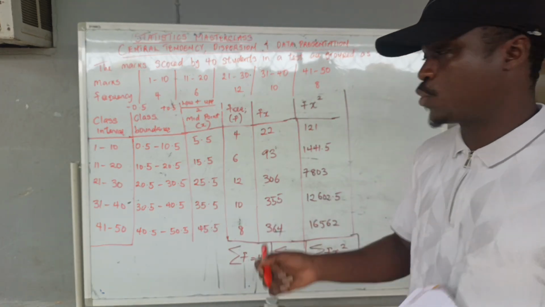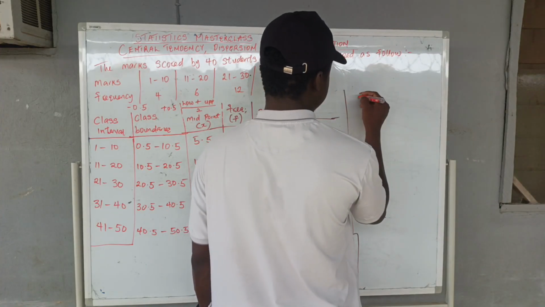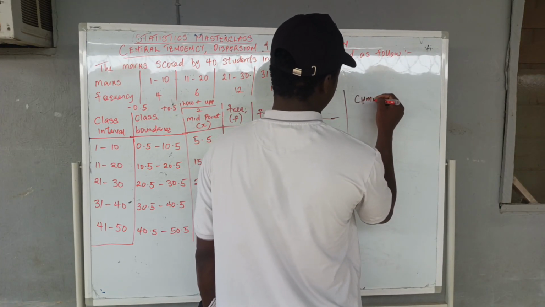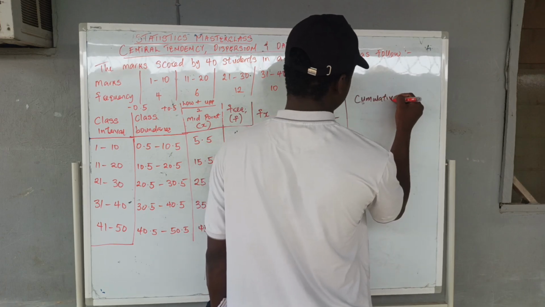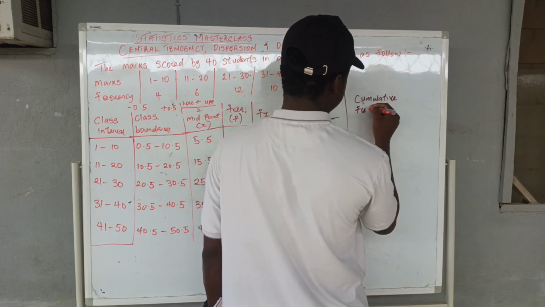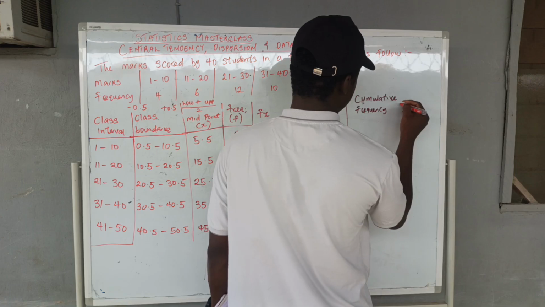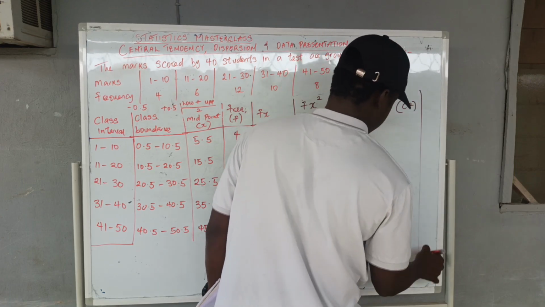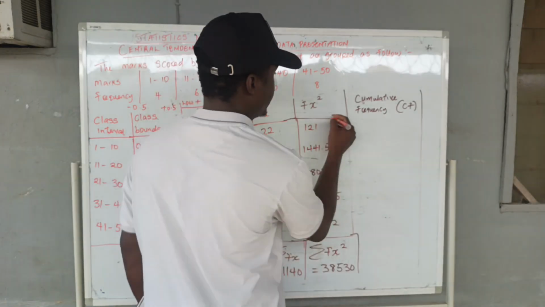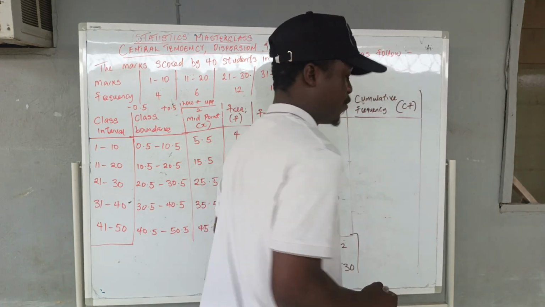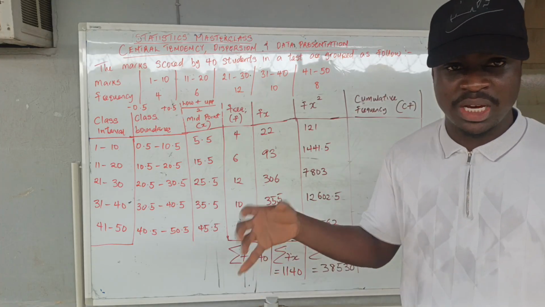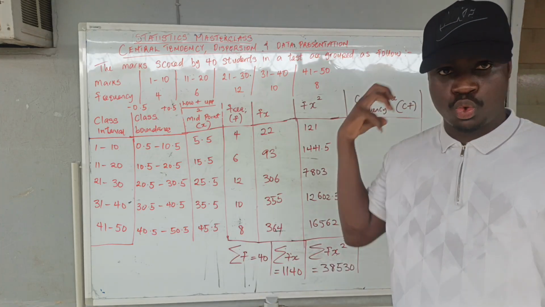Now, the last one on the table is what we know as our cumulative frequency, which is the same as CF. Now, what does cumulative frequency mean? Cumulative frequency simply means that you are piling up your frequency together without taking away the previous one.